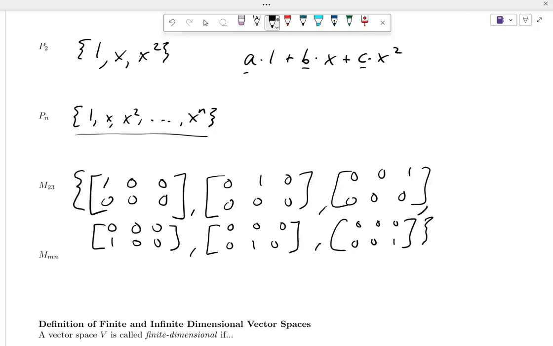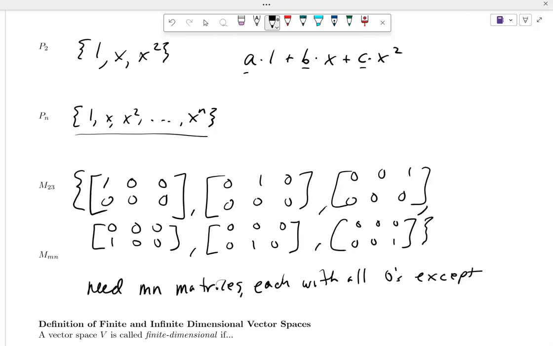M times N. Good. We need M times N matrices, each with all zeros except 1 entry that is a 1. Just like what we did above.